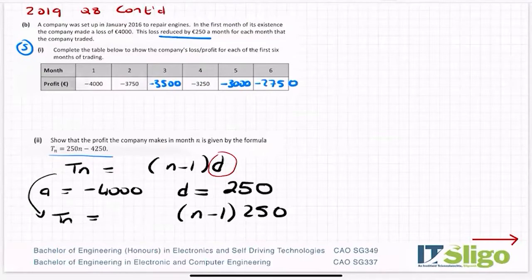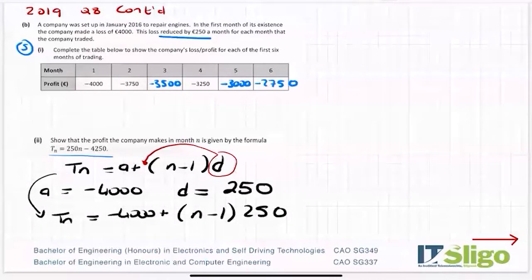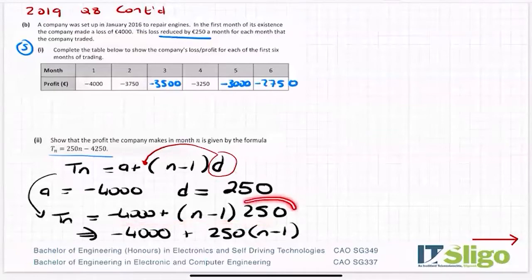So it's A plus n minus 1 times d. Why did I know I'd made a mistake? See that d there? In many cases, we like it to be before the bracket when we're multiplying. So I could write this formula also as minus 4,000 plus 250 times n minus 1. They are the same formula. I've literally just moved the d to before the brackets because in our heads that's much easier to do. Mathematically it's no different at all.